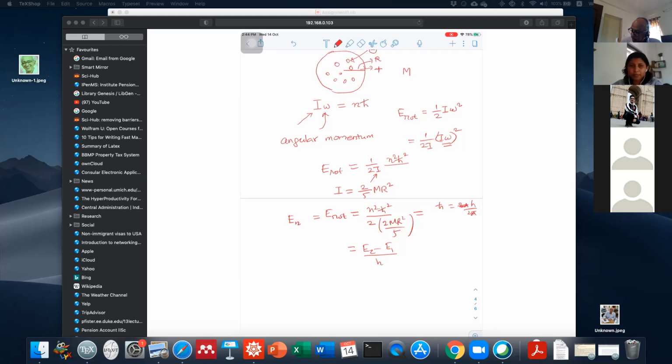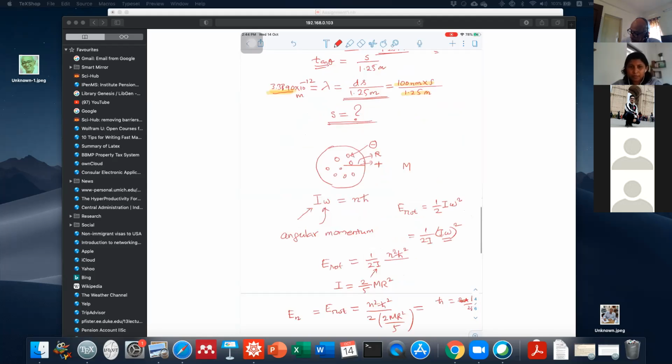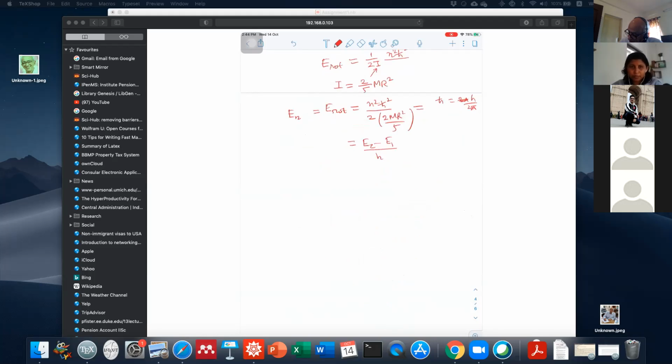And I also want to make another comment. Allowed energy levels are given by E n equal to n square h cross square divided by 4 m r square into 5. These are the allowed energy levels. If you say n is equal to 1, you will have an energy which is, let us say, so much. Then if you put n is equal to 2, you will get another energy like that.